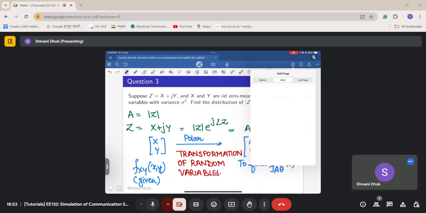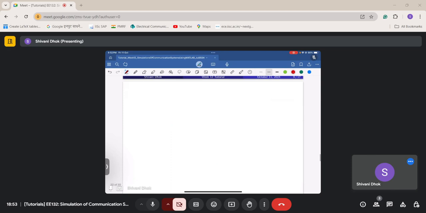For this, you can look at the Jacobian based formula for transformation of random variables.